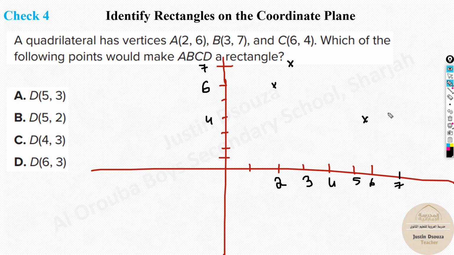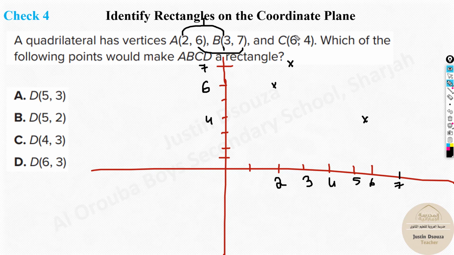Now if you see properly, how would you draw a rectangle? It would be either like this, somewhere over here, this would come down, or it could have been like this. There are only two ways. So this is having a difference of 1, this is having a difference of 1.